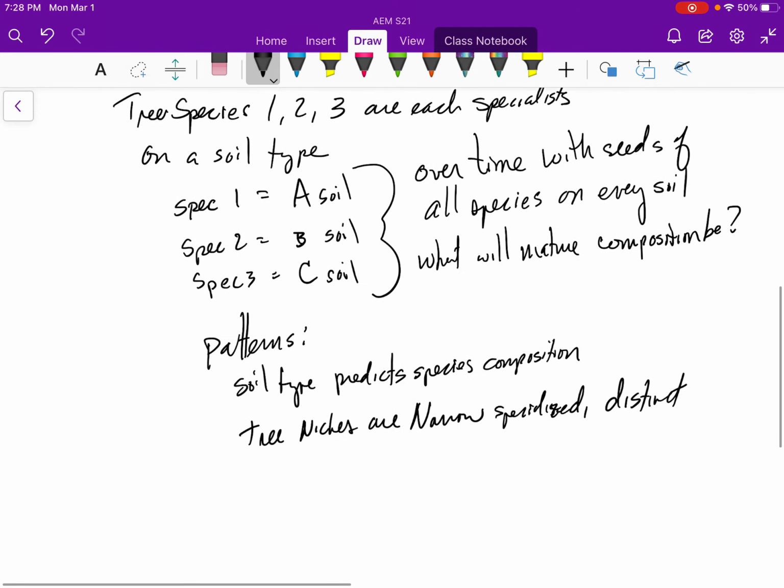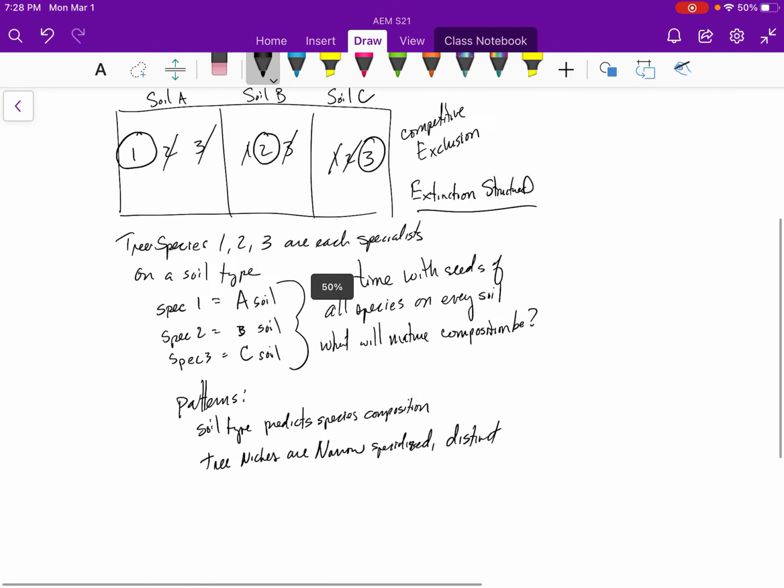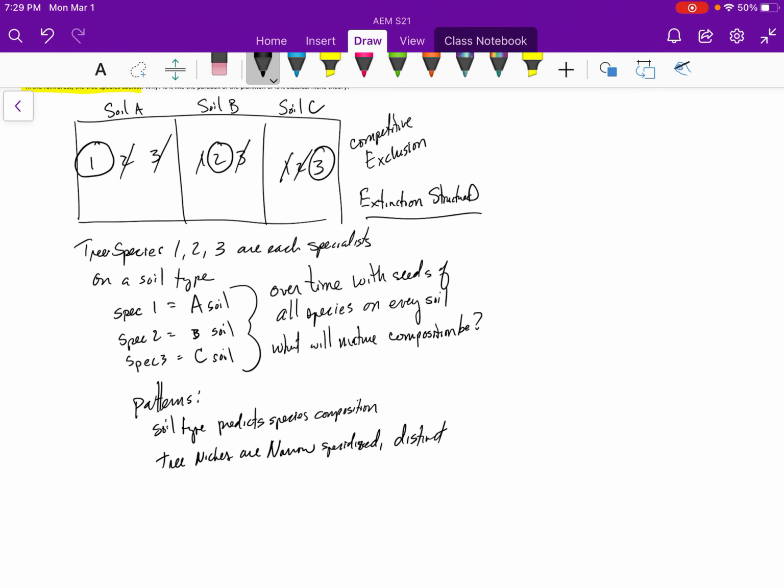I'll talk for a moment about ways in which we might expect trees to partition resources in tropical rainforest.